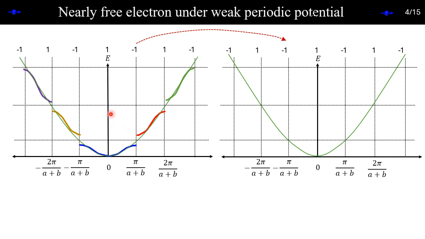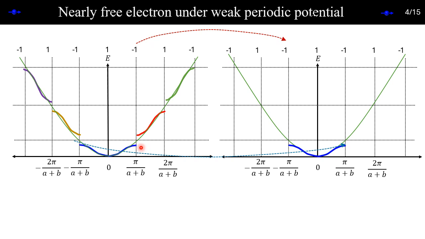At k equals pi, it is minus 1. At k equals 2 pi, again plus 1. How do you map from here to here? This first band will just directly be copied because the range is the same. Fine, no issues. Now look at this graph.